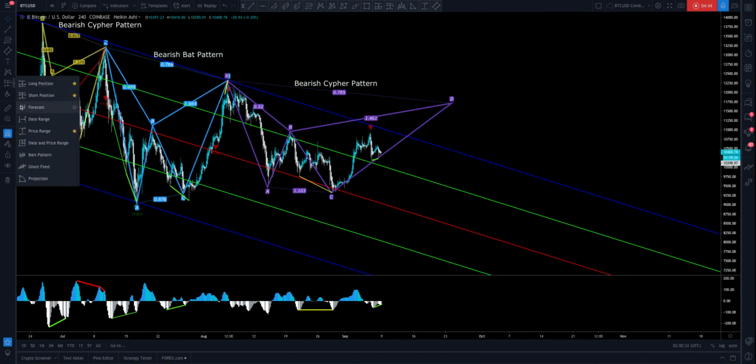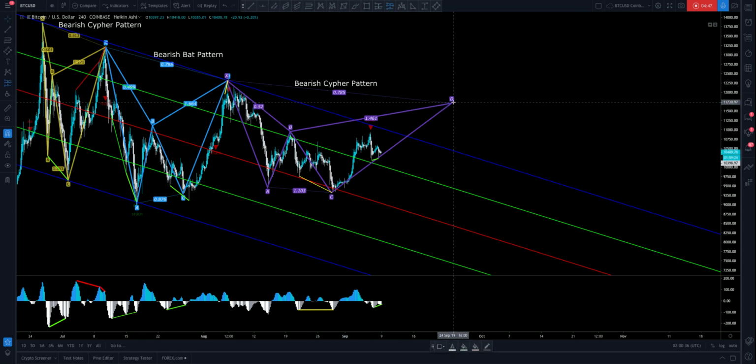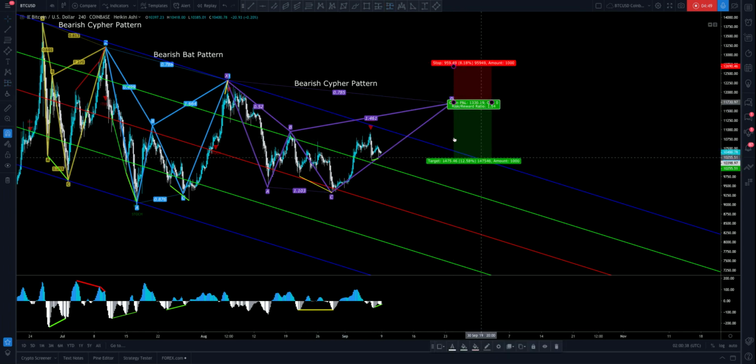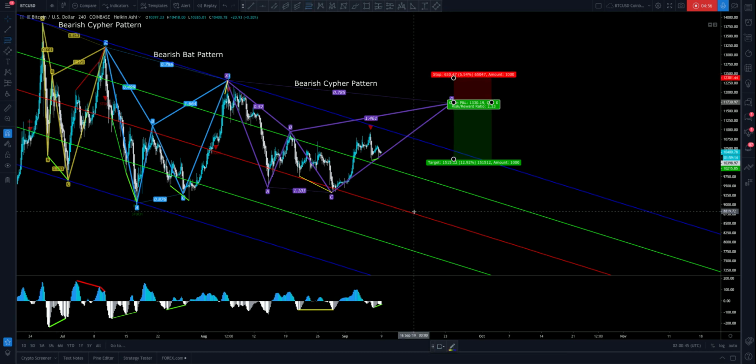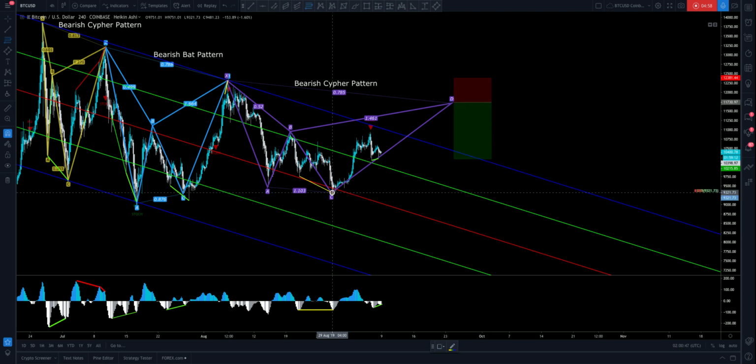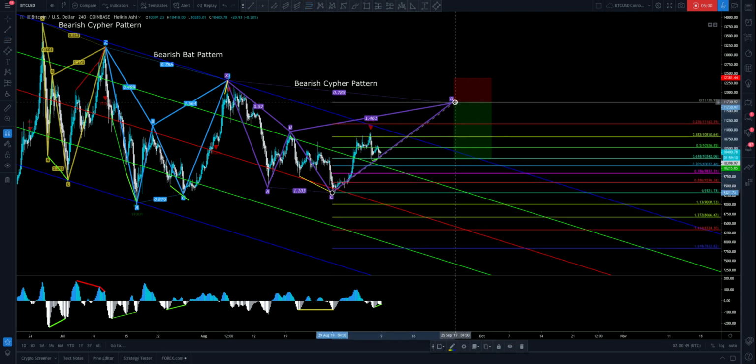We could see something like this very easily, where we back test this channel, stop above the X here, and what we'd be looking at there from swing low C to our swing high D, that target fell right onto 618. What are the odds, right? So definitely see this being a nice potential little bounce area, but how much of that sustains is the next question.